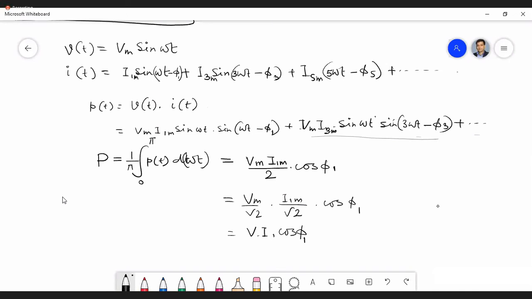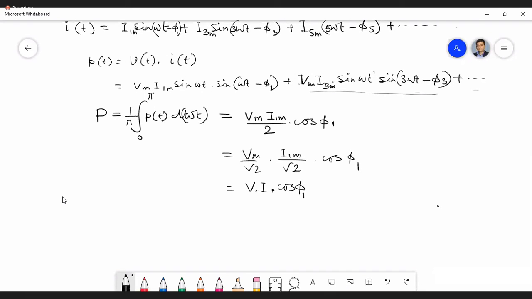Now to get this power factor calculation, you should have another thing, that is the RMS power. So if you have this harmonic component, you can find this RMS very easily. So that means it will be your V RMS, that means this V only, into I RMS.